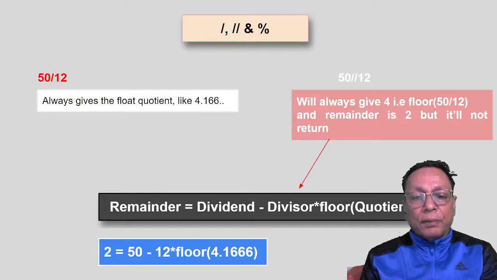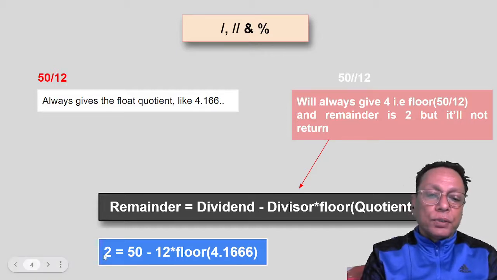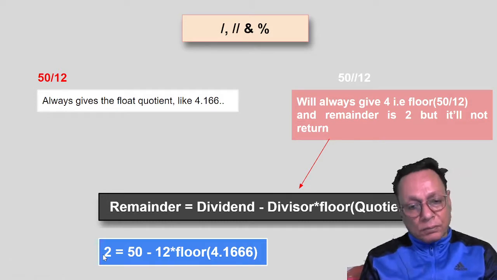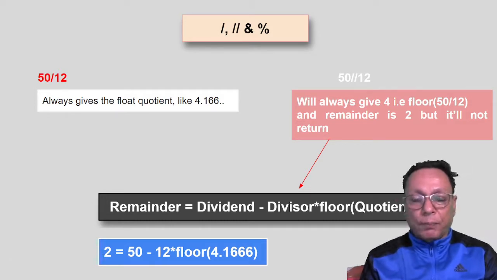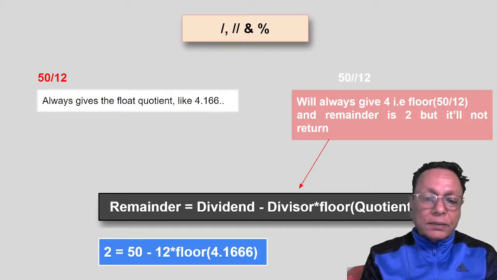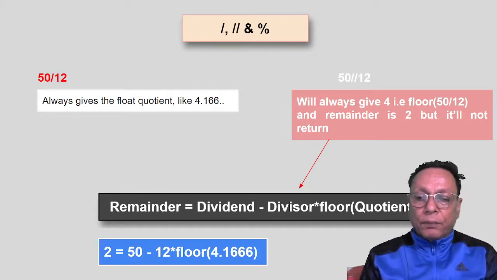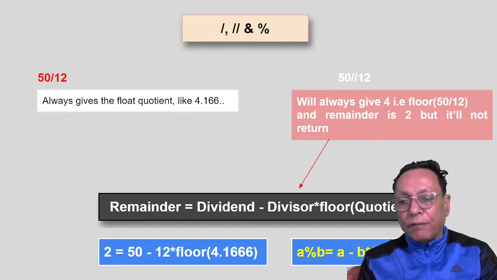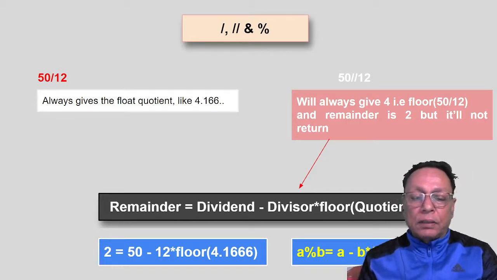So the remainder will be 50 minus 12 into 4, which is 2 here. So this relation works in this way. If you write this statement in Python, you will write like this: A modulo B is equal to A minus B into A floor division B. So this way you can evaluate the modulus or the remainder.